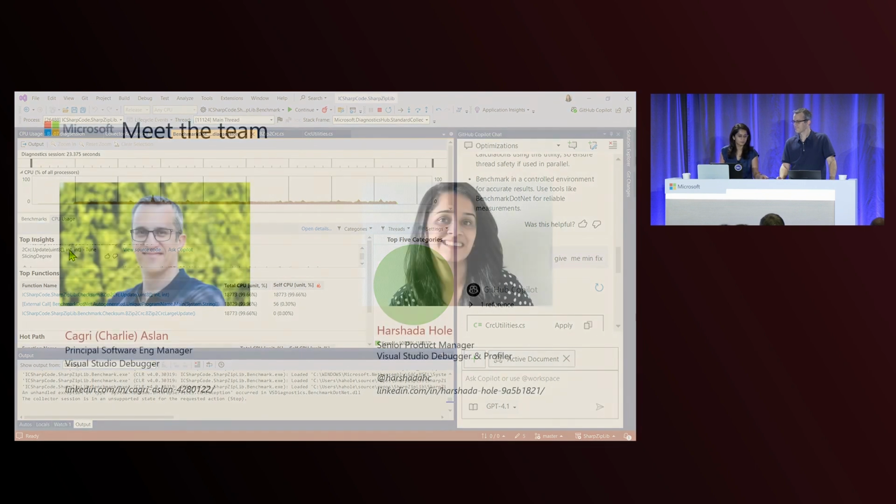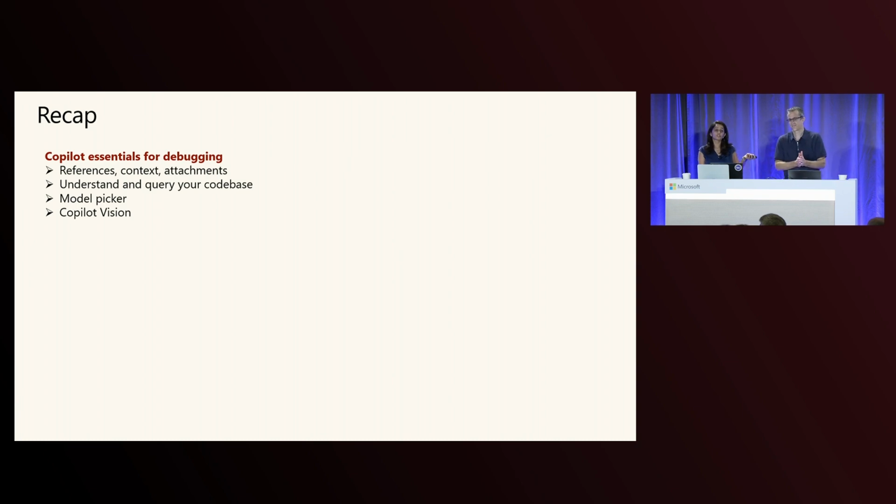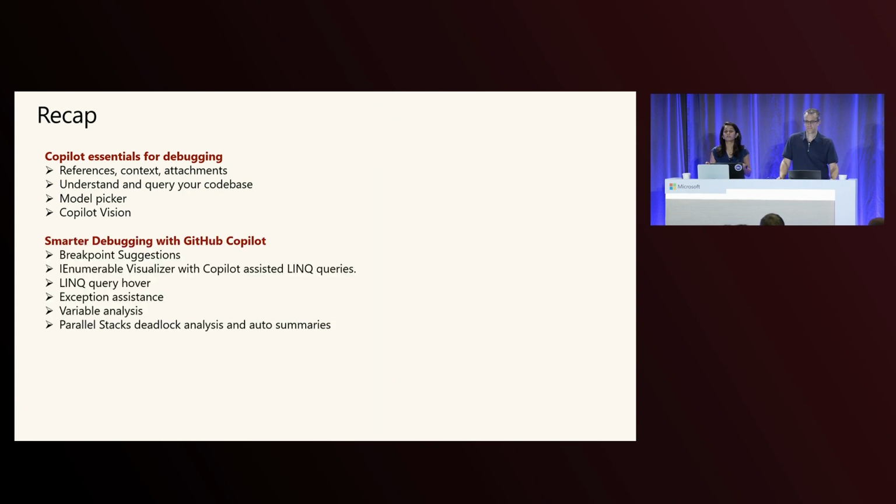It's the first one, right? Mm-hmm. OK. So Charlie started off with a lot of essential debugging things. We saw how you can understand your code, navigate through your code, and how you can use Copilot Vision to fix your bugs. Then we went into smart debugging features. We saw breakpoint suggestions, tracepoint suggestions.